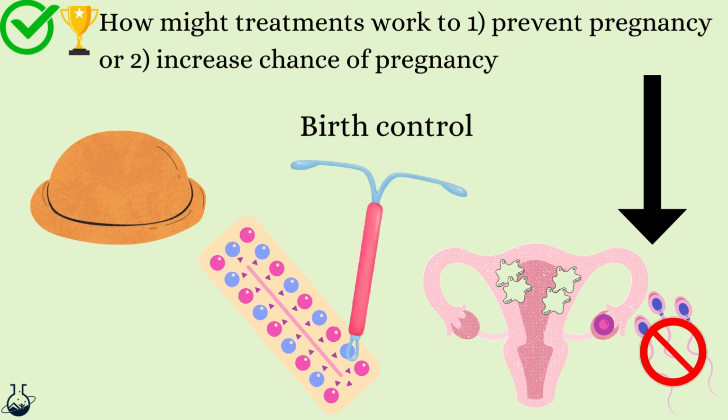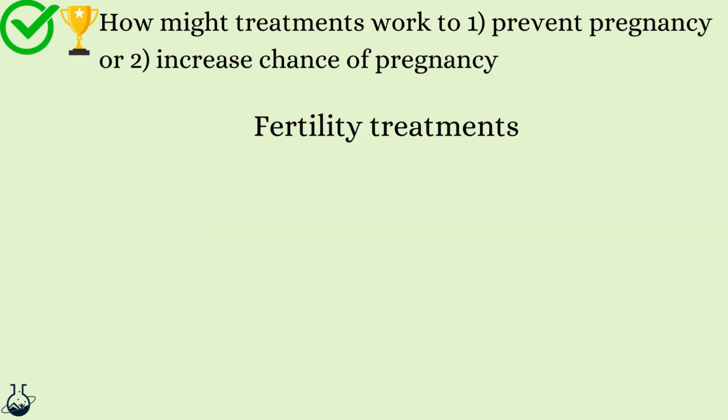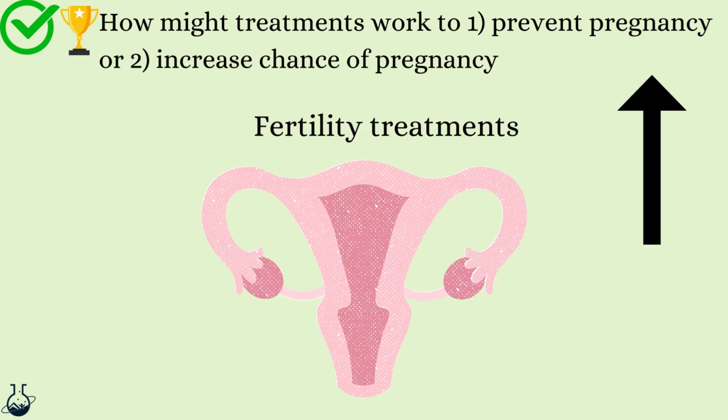happening. On the flip side, fertility treatments can increase the chance of people successfully falling pregnant if they would like to have a baby. Hormones can be used to start the maturation of not just one, not just two, but more eggs in the ovaries.